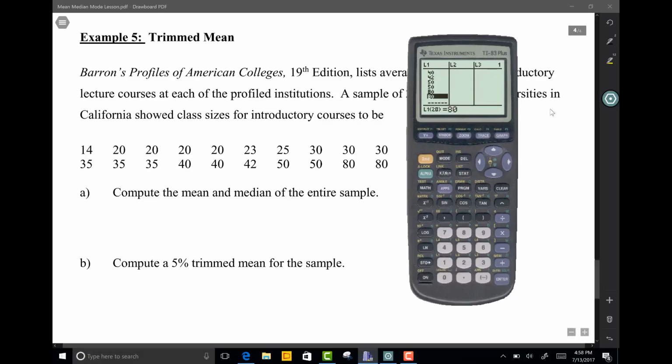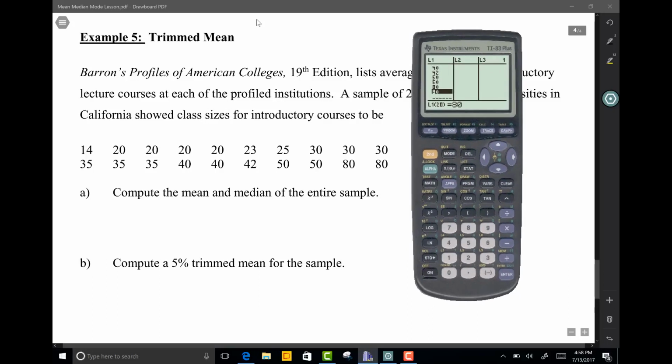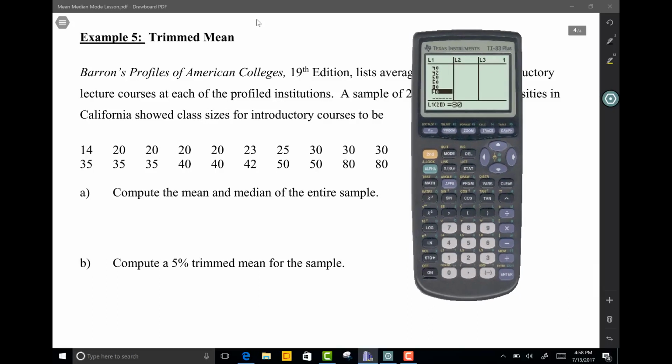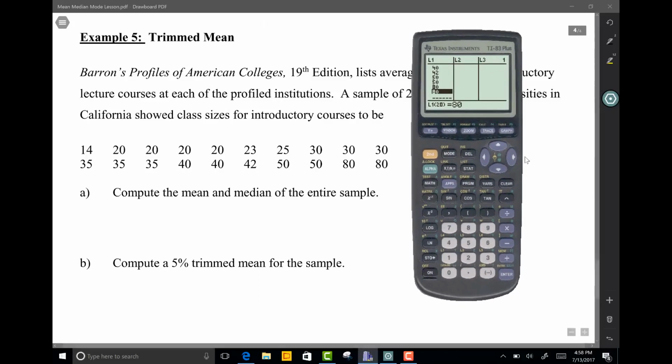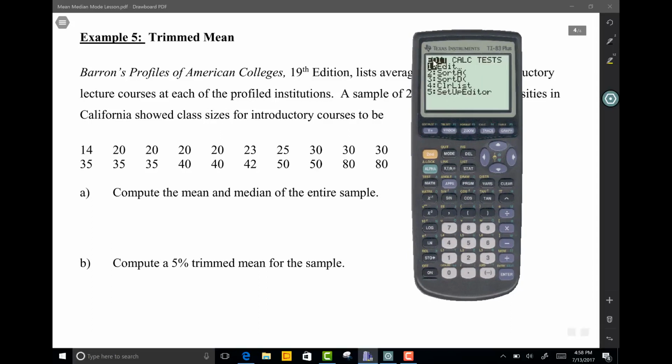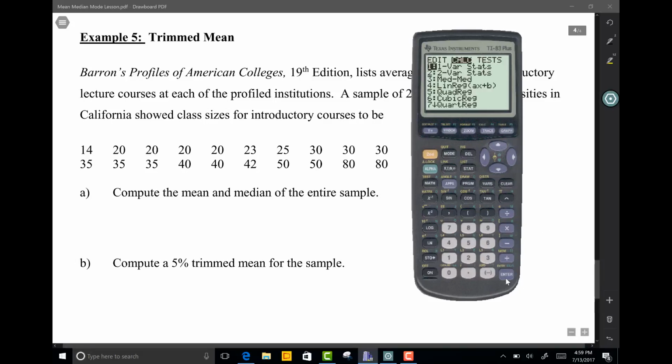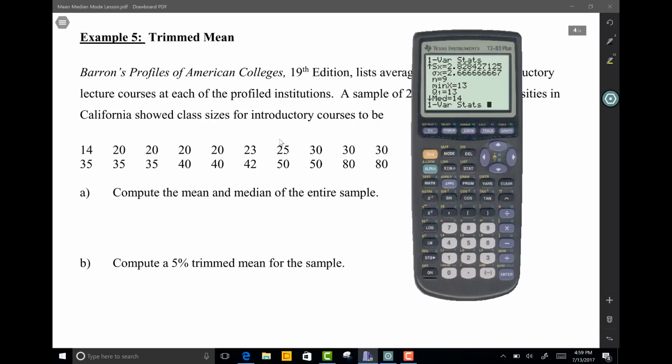Okay, once you have all your data values in there, we're going to compute the mean and the median of the entire sample by hitting the stat button. And I'm going to arrow over to calculate. And I'm going to choose one variable stats. And I'm going to tell the calculator that I put this in list 1 by hitting second and then 1. So here are my one variable stats for our new data set.